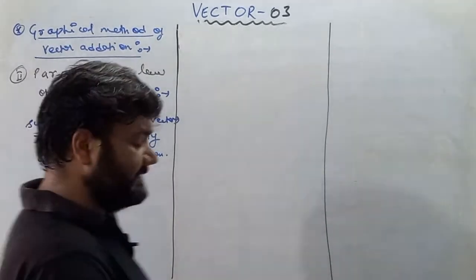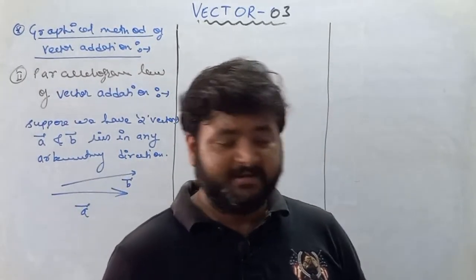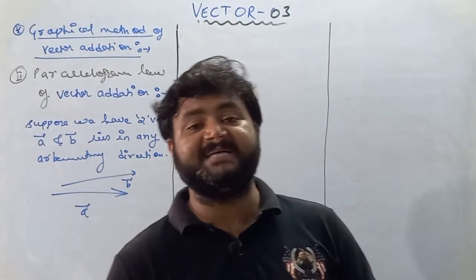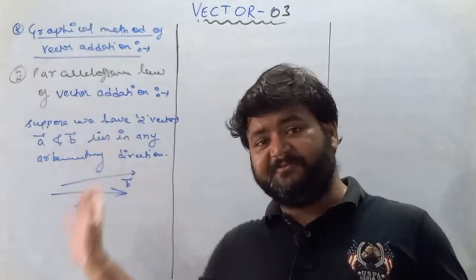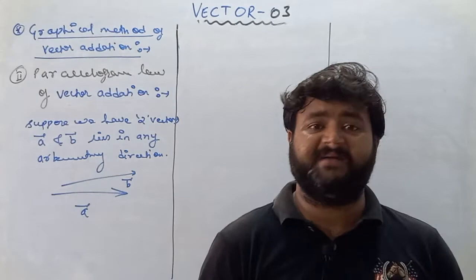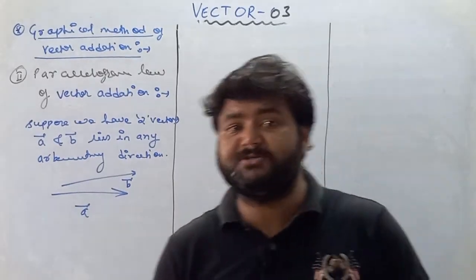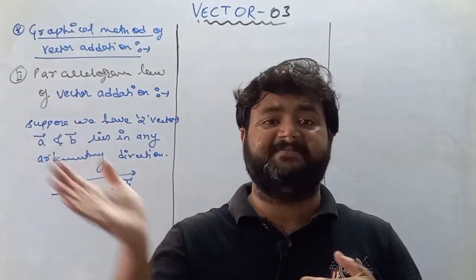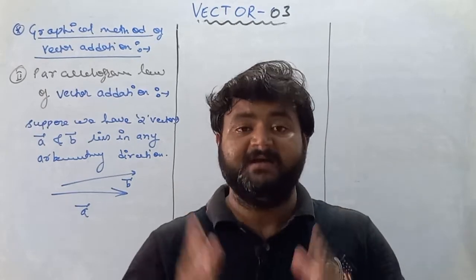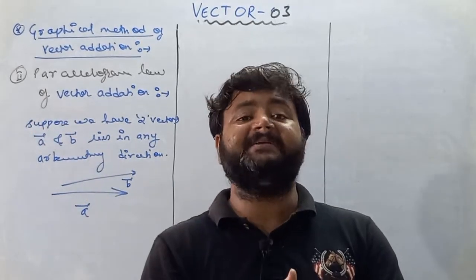Now see, in triangle law you will join first vector head with second vector tail. But if you are doing the parallelogram law of vector addition, then you cannot join first vector head with second vector tail. You have to join first vector tail with second vector tail.